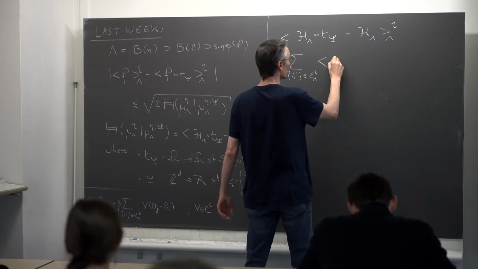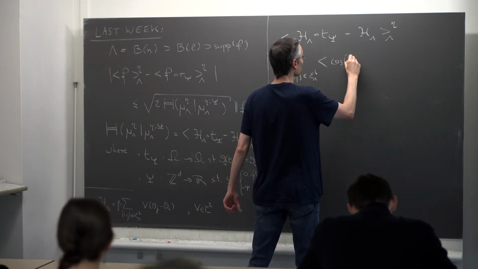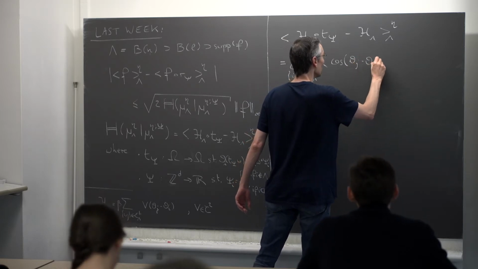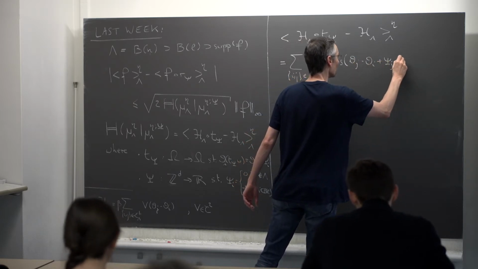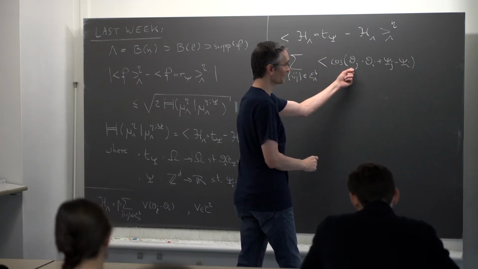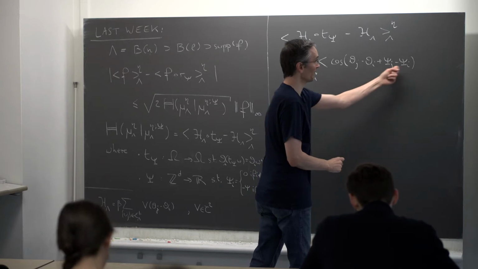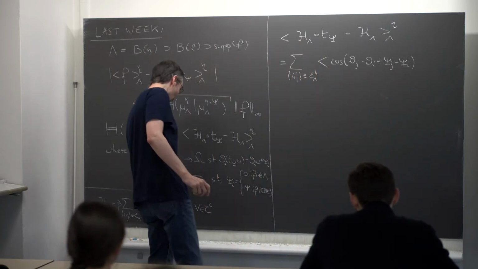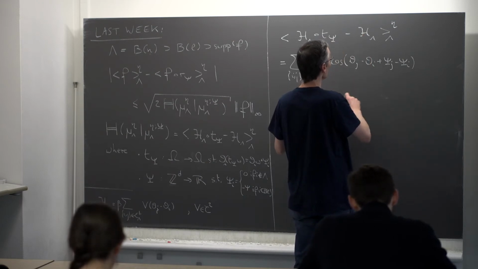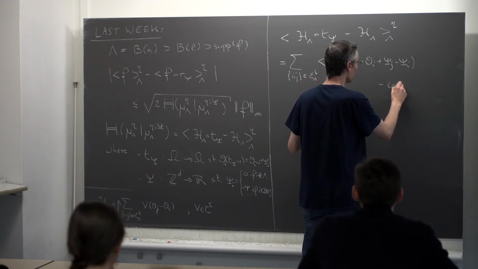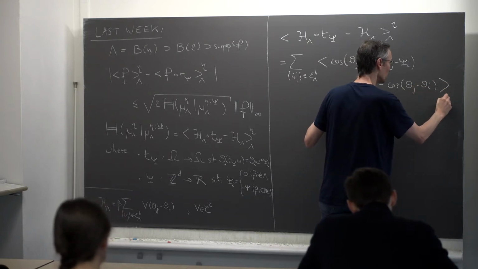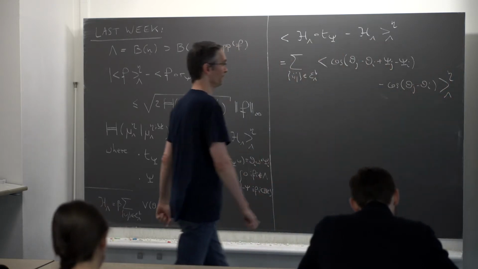So here we will have cosine of, say, theta j minus theta I plus psi j minus psi I, because I've rotated the spin at j by an angle psi j and the spin at I by an angle psi I, so the difference of angle becomes this. And then in the original Hamiltonian, I just have minus cosine of theta j minus theta I, and this is computed under the Gibbs measure.